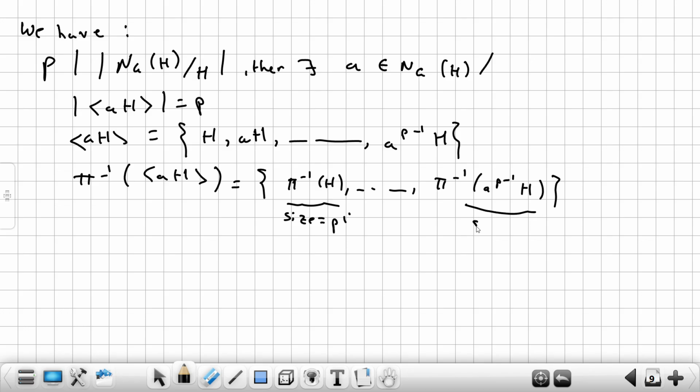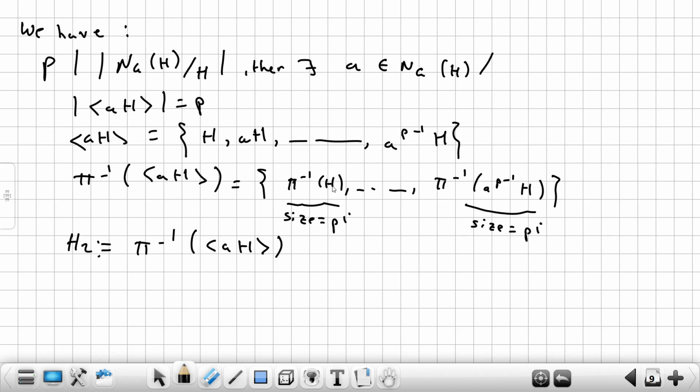This is of size equal p^i, and here we have p elements. So take H2 to be the inverse or the pre-image of this subgroup.